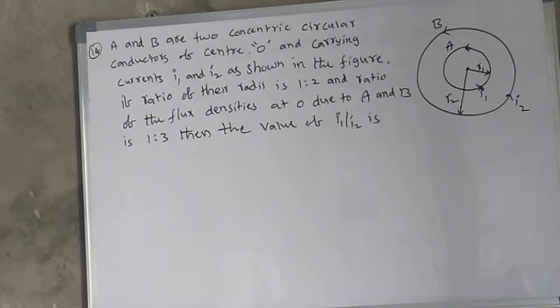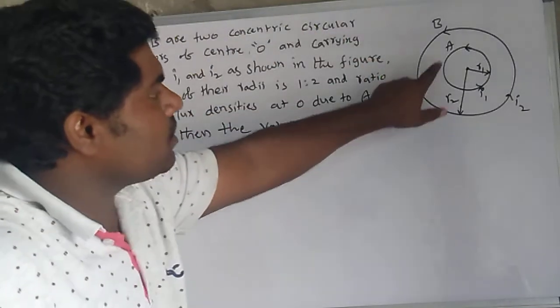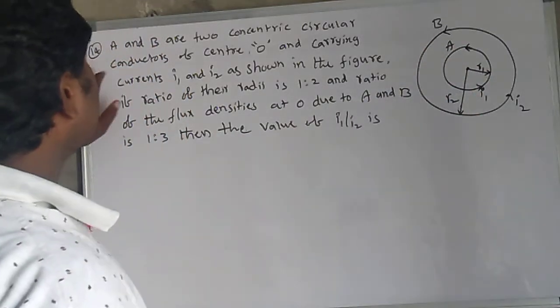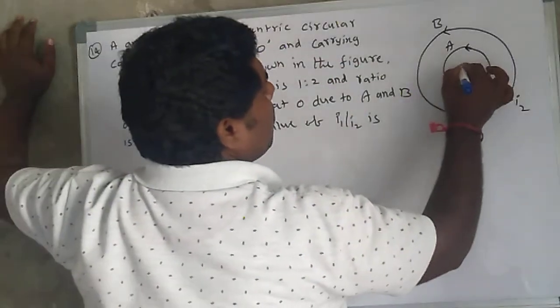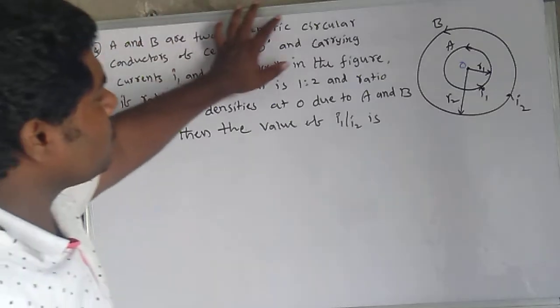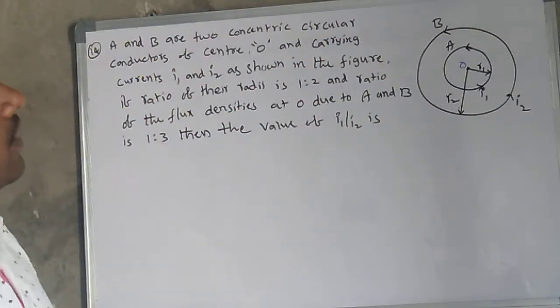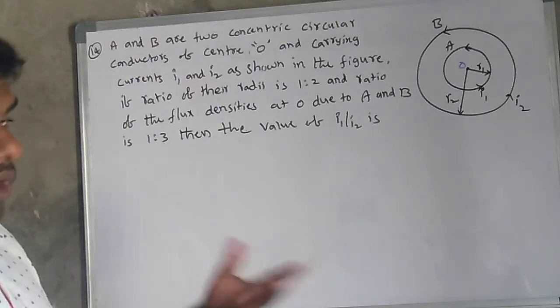Another important model. A and B are two concentric circles. This is A and this outside circle is B, with center O, carrying currents I1 and I2 as shown in the figure. The inner circle current I1 is in anti-clockwise direction, and the outer circle carries current I2, also anti-clockwise.